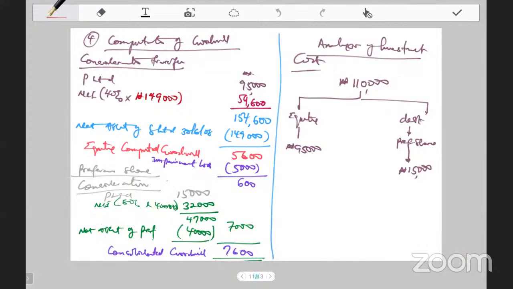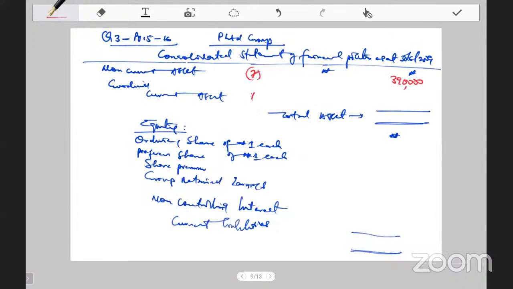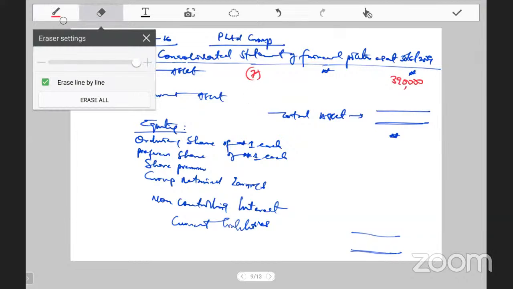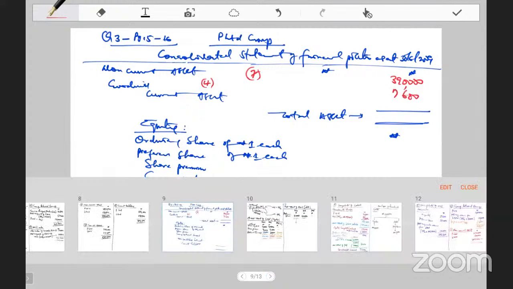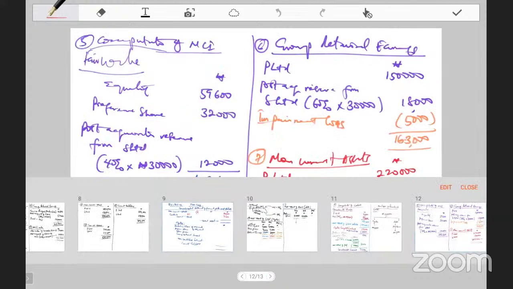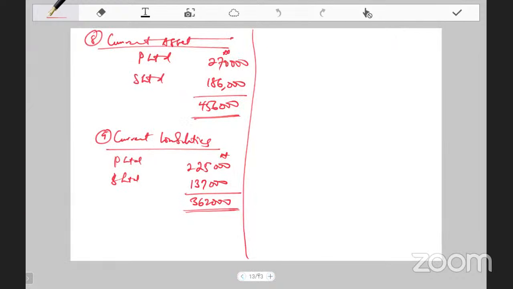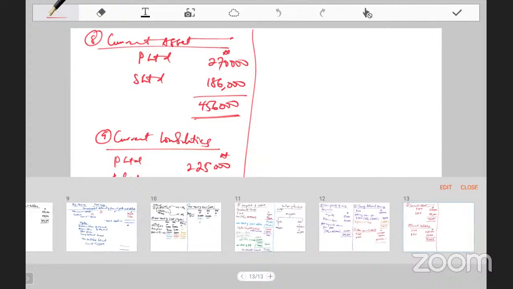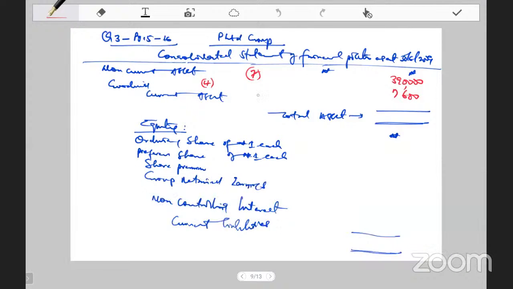Goodwill is note 4, and that is 7,600. Then our current asset is note 8, and that is 456,000.